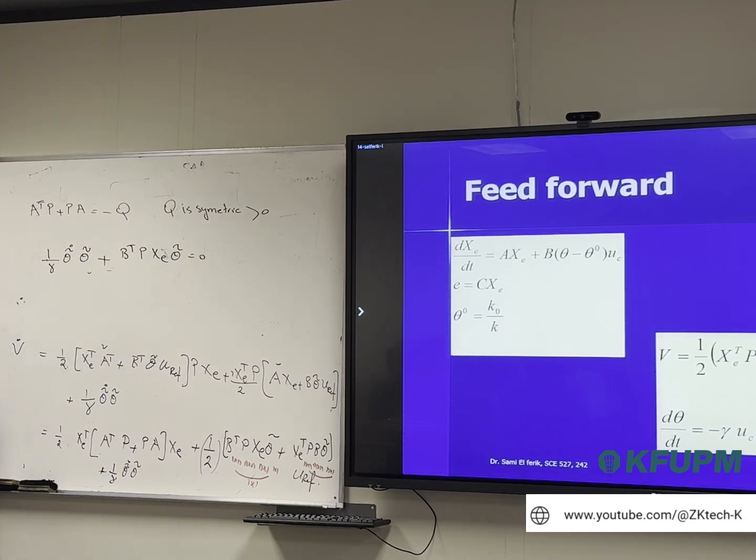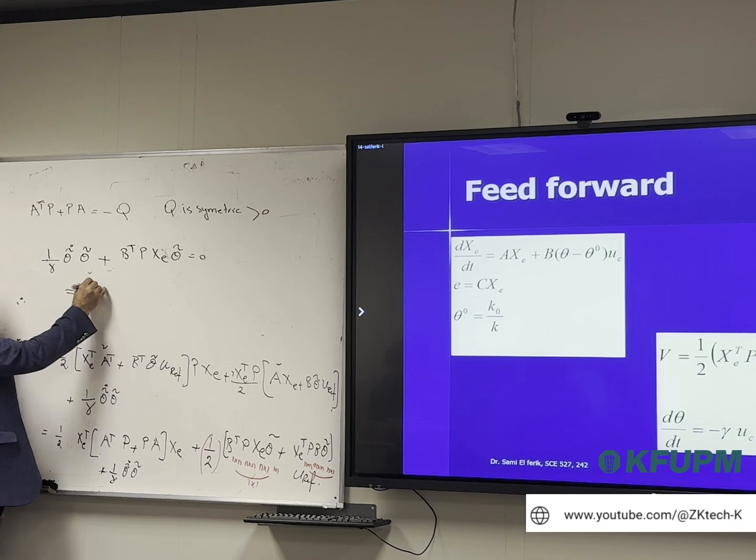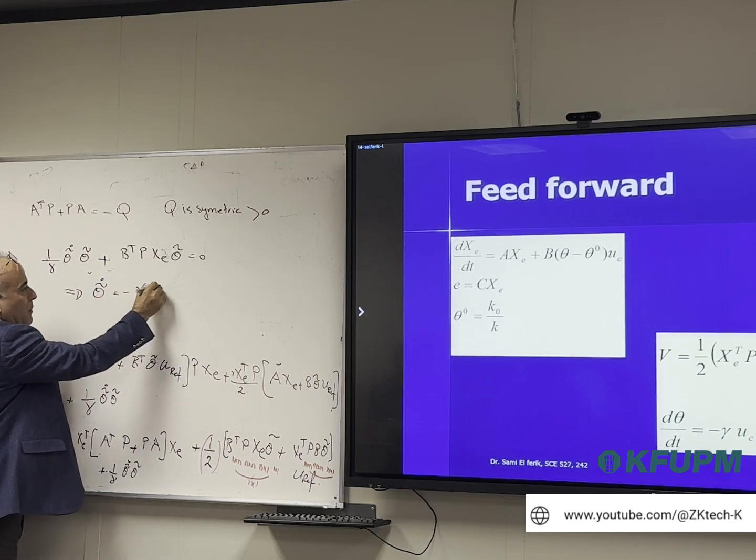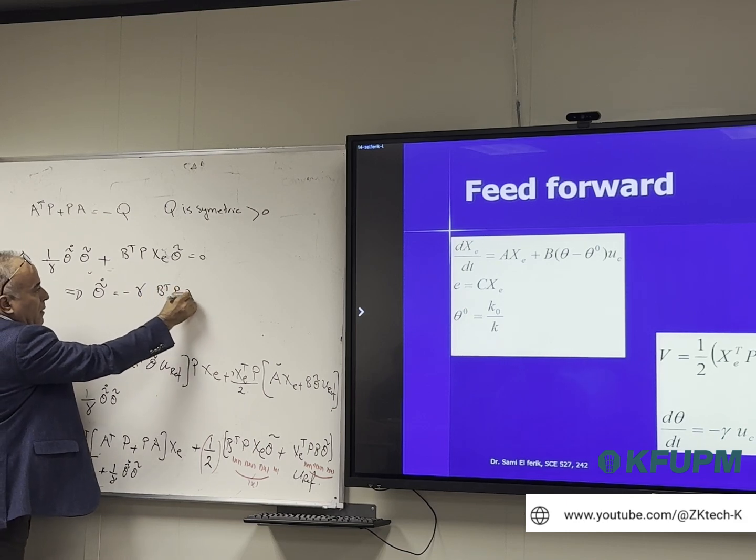We did exactly the same example before, exactly the same strategy. So this will imply that theta tilde prime is equal to minus gamma times B transpose times P times X.